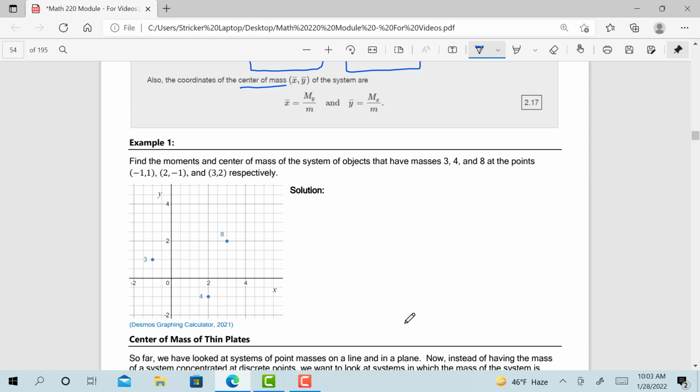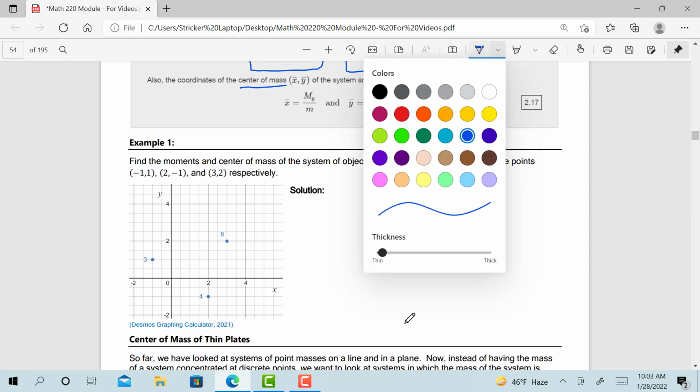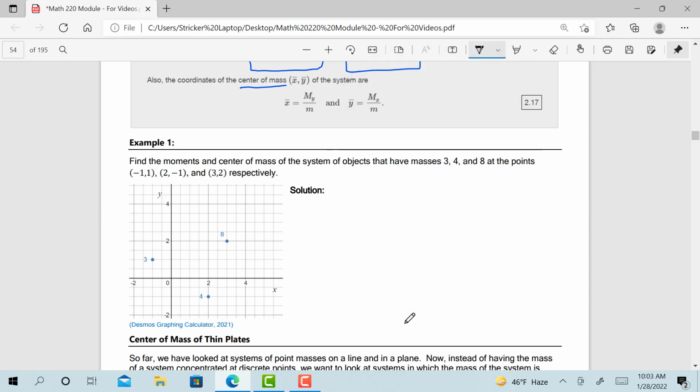At the point, for example, 3, 2, we have a mass of 8, and so on for the other 2 points. If we're going to find the center of mass, x bar comma y bar, we need to first know the moments. So let's go ahead and calculate those individually. The first one we're going to do is the moment about the x-axis.